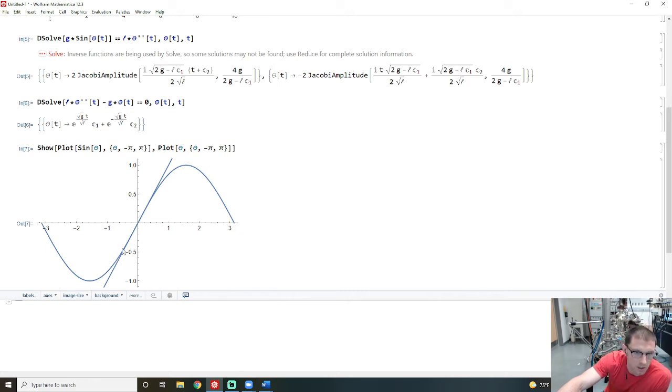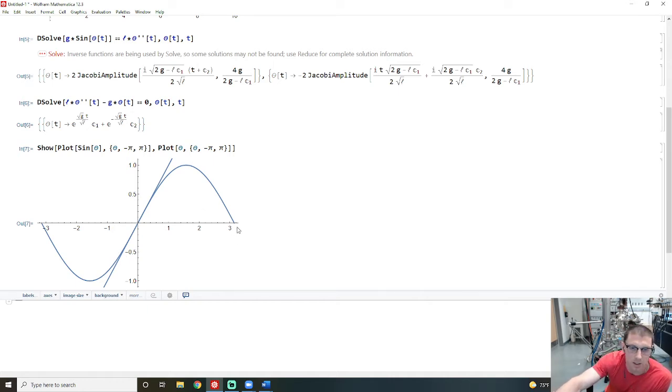And we see that there's a region here where these are nearly indistinguishable, and it looks like it's from about negative 0.5 to positive 0.5. That's the regime in which this small angle approximation is good. That's why they call it the small angle approximation, because it doesn't work for larger angles.